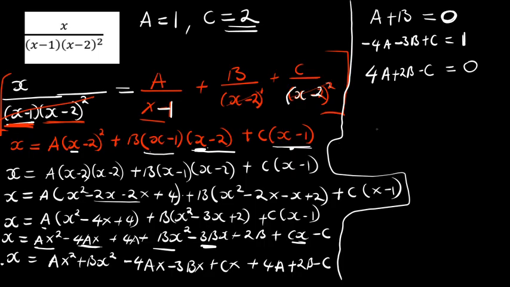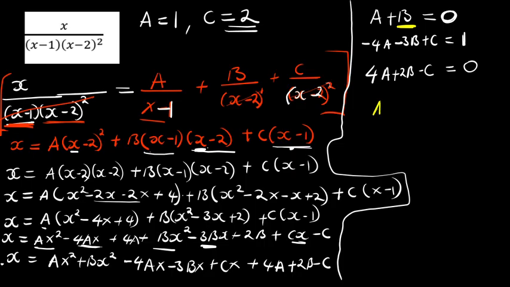Okay, now let's continue. Now the next thing that I'll do is that I have already found a and c. The only thing that I'm looking for is b. So this is the only thing that I am looking for, meaning that I will just need to find the value of b.